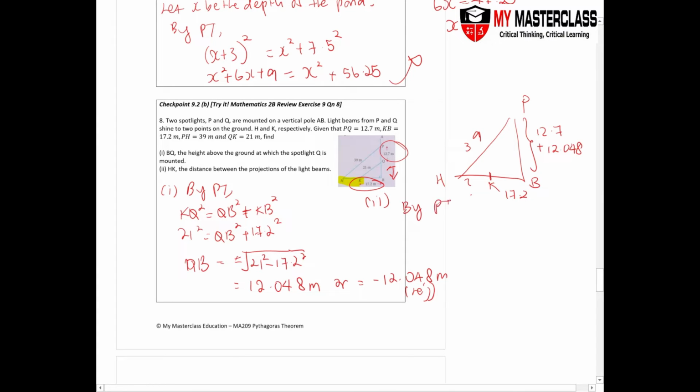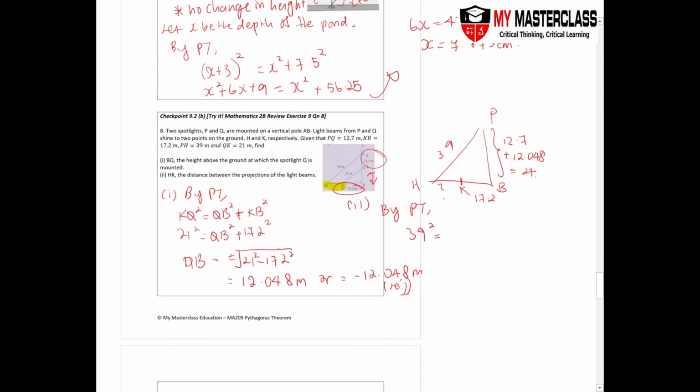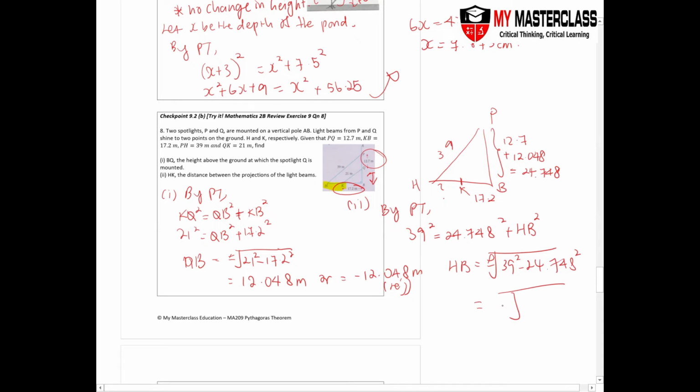Again, by Pythagoras theorem, 39 square equals, this one should give you 24.748, equals 24.748 square plus HB square. Now do not just put KB, so HB equals square root again, 39 square minus 24.748 square, which equals plus minus 30.142, reject negative.